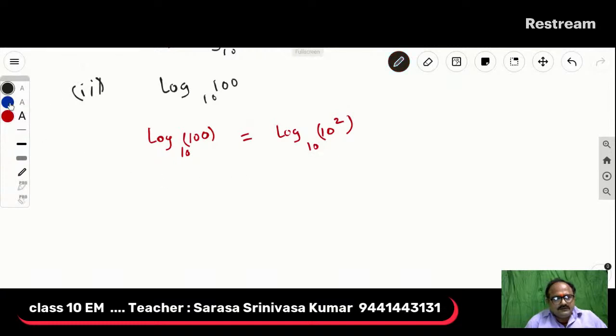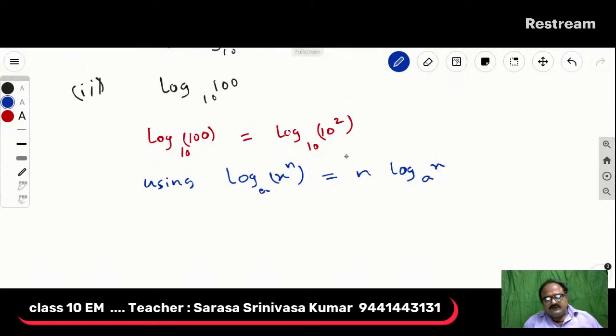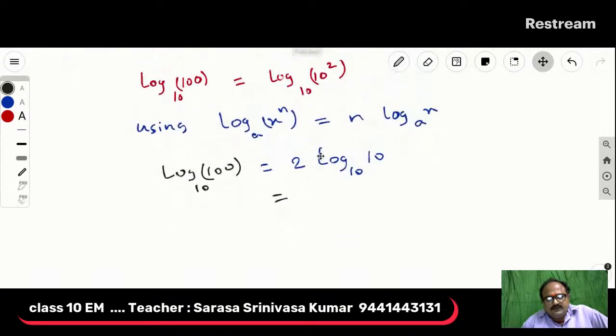Using the formula log x to the power of n to the base a equal to n log x base a, on the right hand side we can write it as 2 log 10 base 10.